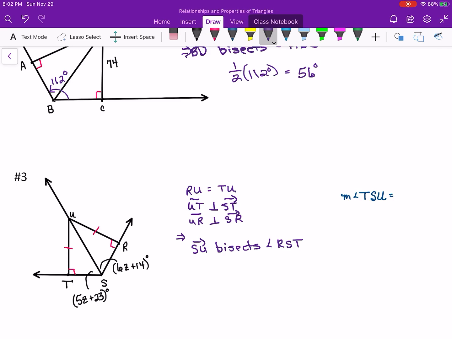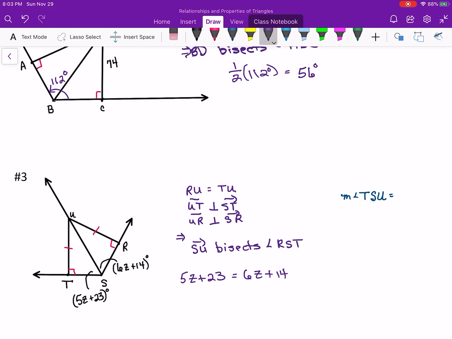And we're trying to find TSU. That's one half of that large angle. Okay, we have enough. Since it bisects it, the 5Z plus 23 has to equal the 6Z plus 14 because those are each of the two halves of the larger angle. So if we can solve for Z, we can find the measure of one of those angles. So let's solve this.